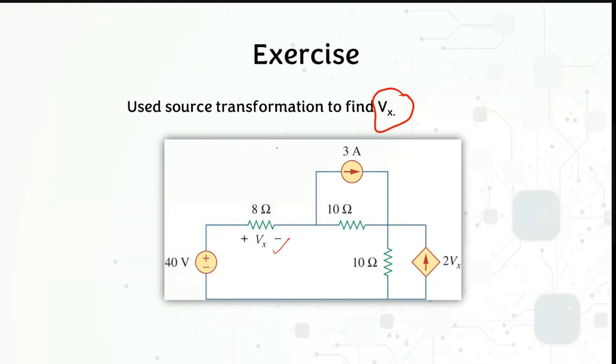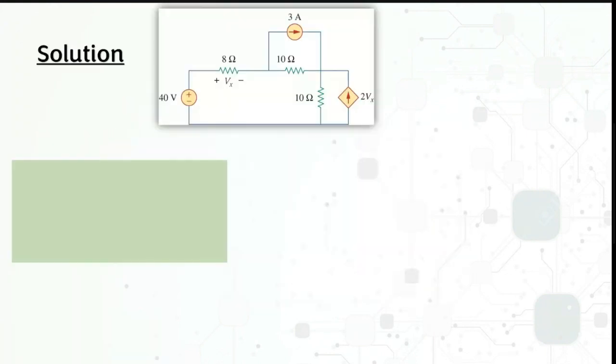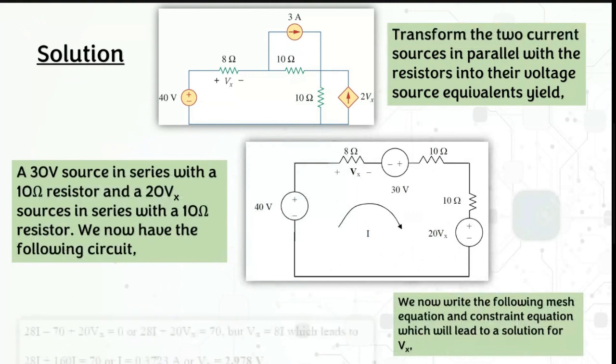I think you can transform these two, and then you will be left with a loop circuit, and then you can calculate I, and then you can get the value for Vx. Okay, you might have that thinking. Let's see how it works here.